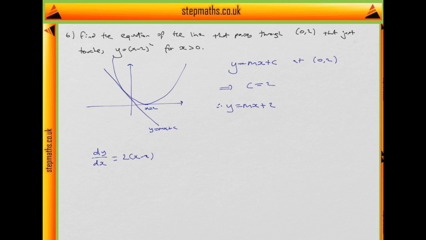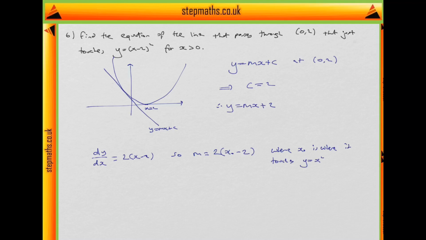That means m equals 2 times (x naught minus 2), where x naught is where it touches the curve.